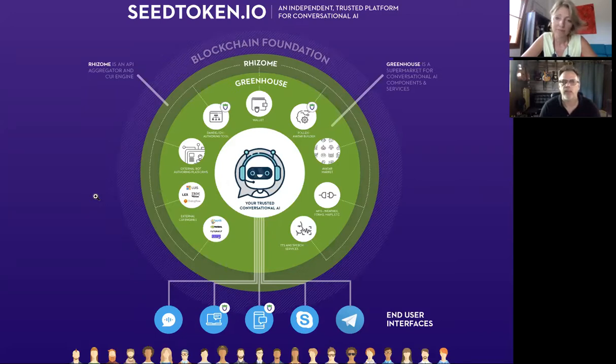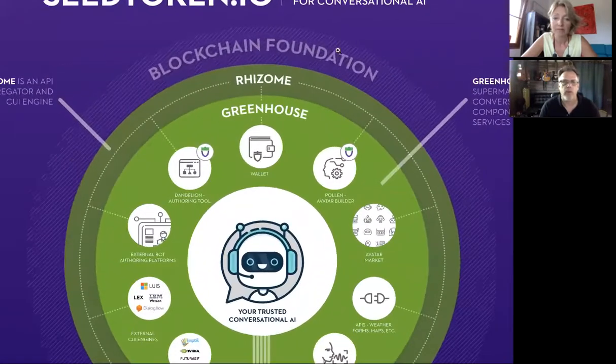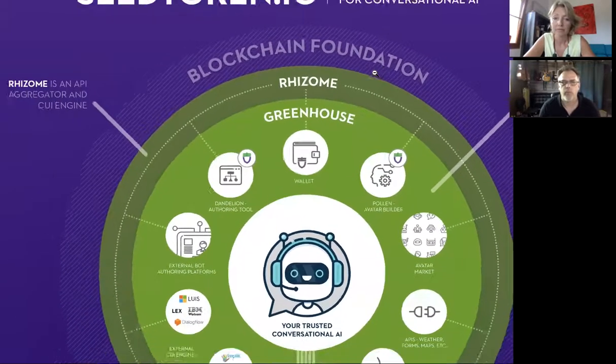And then again, we have GitHub repositories, and the conversational agents that you build in Seed token run on top of our blockchain with our own custom smart contracts that we're able to accurately track transactions that take place. So you have confidence in the system and the way the individual components are behaving.